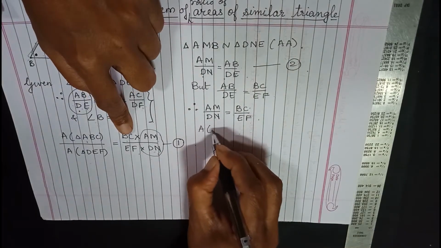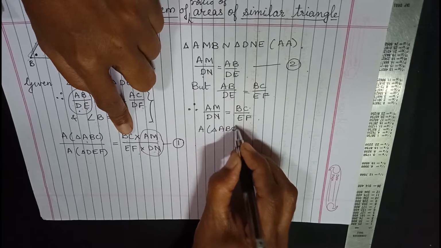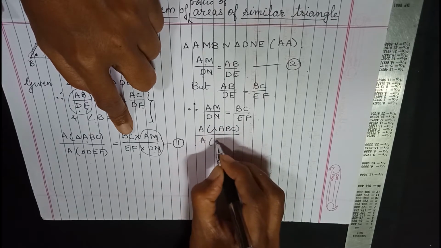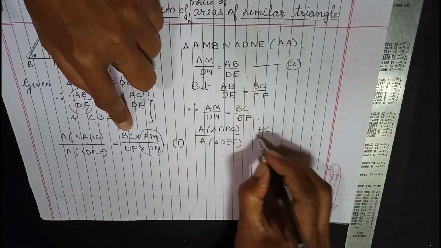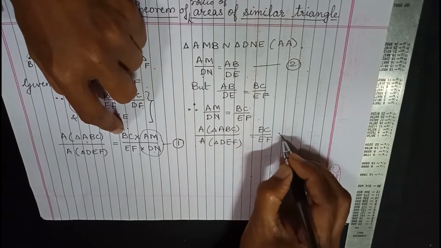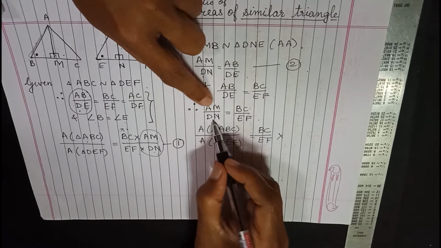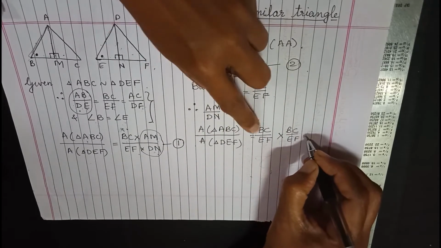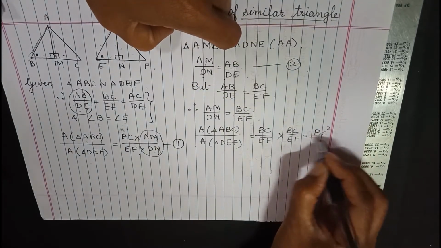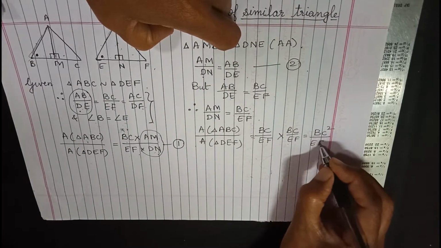So what we will get is area of triangle ABC upon area of triangle DEF will be equal to, we already have one BC upon EF here, and again instead of AM upon DN, I will be putting BC upon EF. So it will become BC into BC is BC square, EF into EF is EF square.